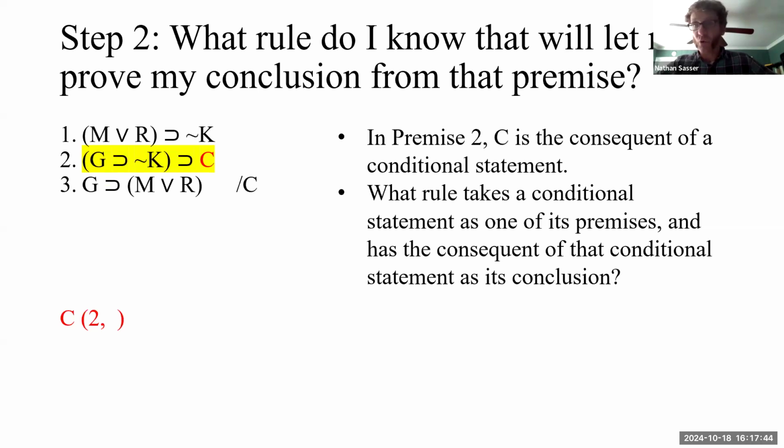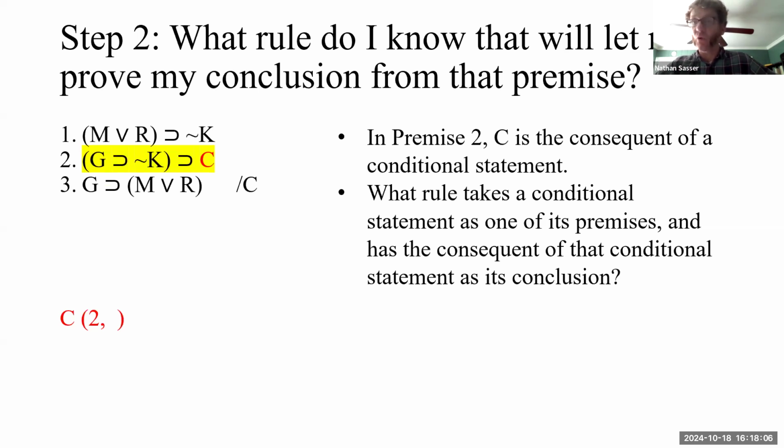The main operator is the horseshoe. C, which is my target, is the consequent of that conditional statement. So the question I'm asking myself is, what rule do I know that takes a conditional statement as one of its premises, and then has the consequent of that conditional statement as its conclusion?